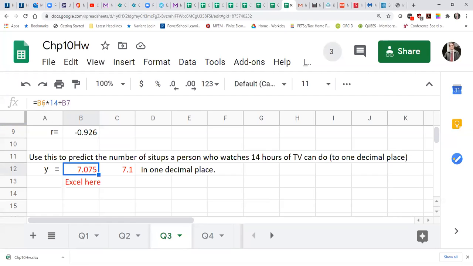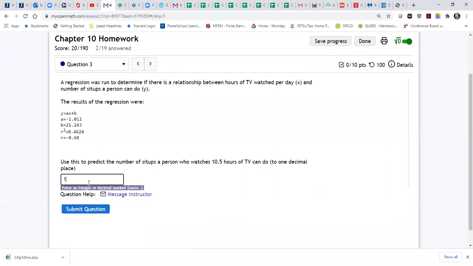So this is the A, this is the X, this is the B. In this case the X will not be 14, the X will be 10.5, right? Because you have 10 hours, 0.5 per day, right? Watching TV. So this will be the answer for the Y, the number of sit-ups for a person who watches 10.5 hours of TV. Right? So the answer here is 10.6.